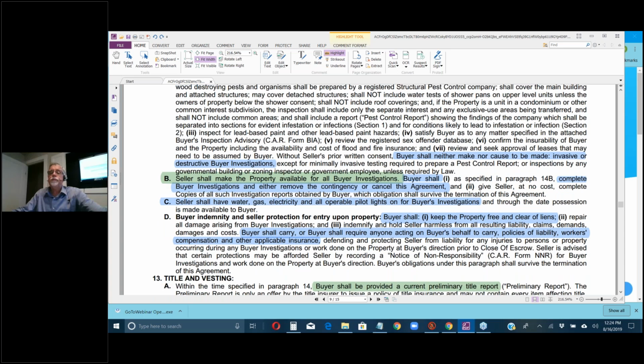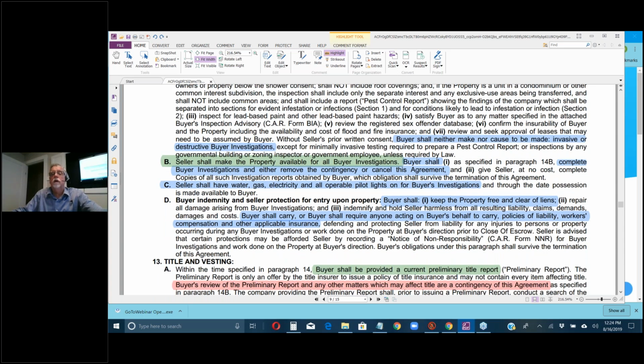So you give them a copy. Seller shall have the water, gas, electricity, and all operable pilot lights on for buyer's investigation. D says buyer shall keep the property free and clear of liens. Buyer shall carry, or require anyone acting on buyer's behalf to carry, policies of liability, workers' compensation, and other applicable insurance.